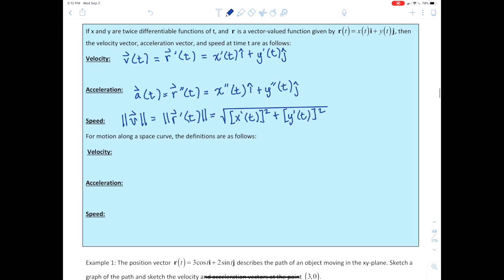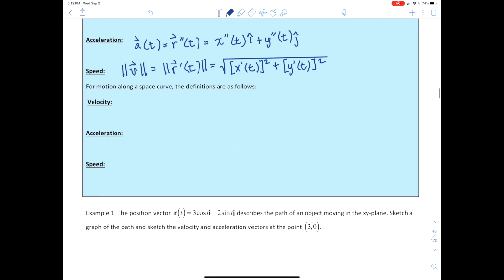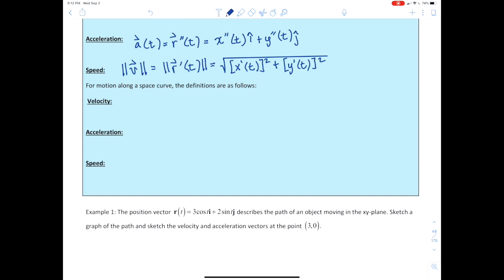Now, for motion along a space curve, that's all planar, right? For motion along a space curve, the definitions are as follows. Well, we're just going to add on a k there and a z(t) function. So, what's velocity going to be? v(t) would be, again, r'(t), which would be x'(t) times i plus y'(t) times j plus z'(t) times k.